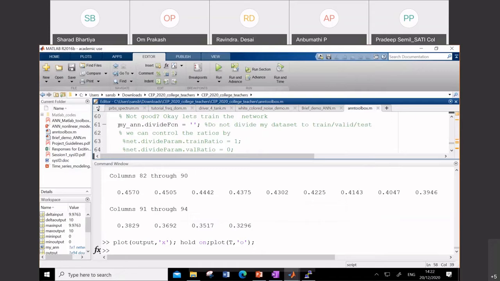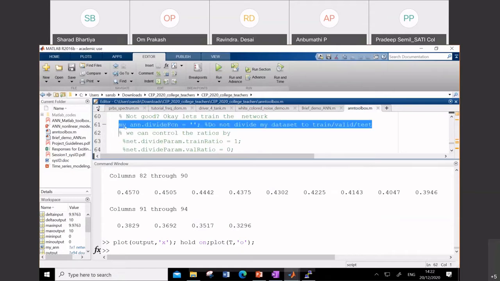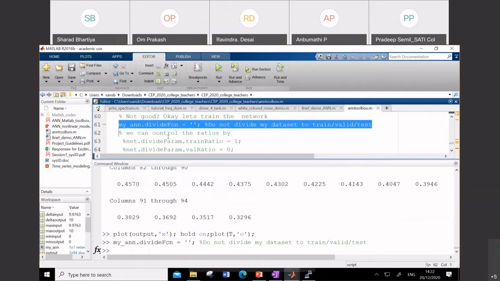Now there's a command called a divide function where you could have divided it into a train set, validation set, and a test set like we discussed. So you could have told it to put 70% in the training set, 20% in the validation set, and 10% in the test set. Okay, I think the default is that, so I have given that don't, because there are 94 points, so don't make any such change.